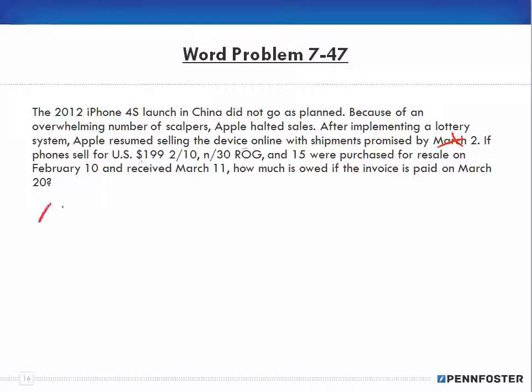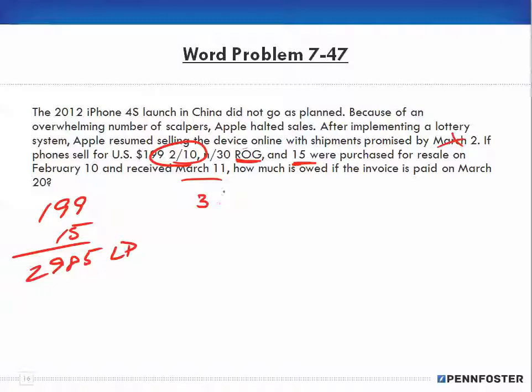The phones sell for $199, and there's 15 of them. So that's $29.85 as my list price. I get 2% 10, net 30 on receipt of goods. So they're received on 3/11. This February 10th has nothing to do with the problem.